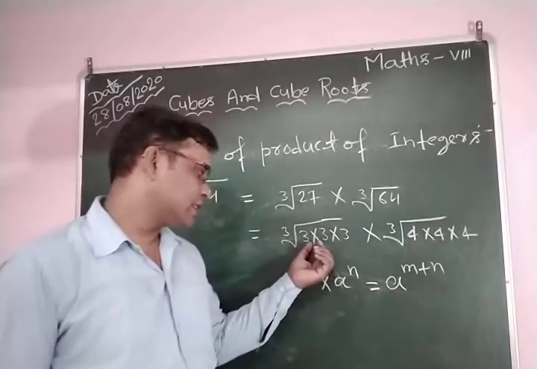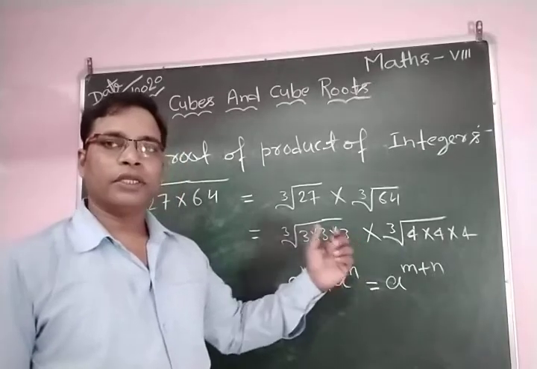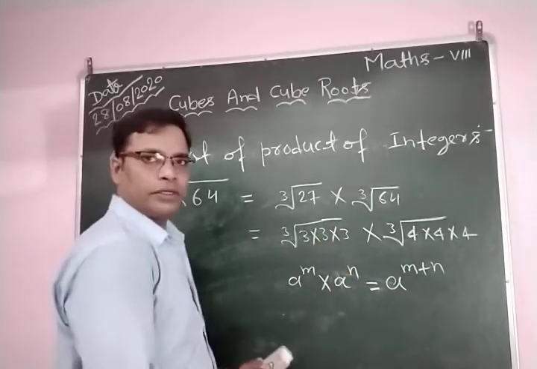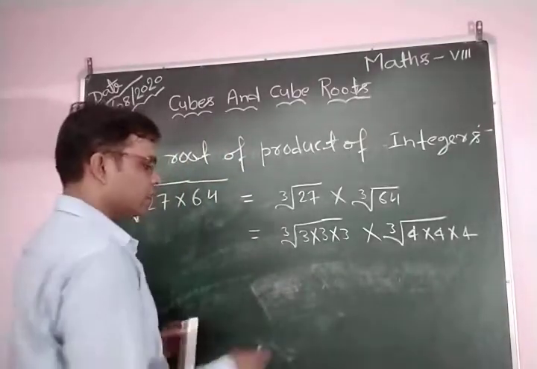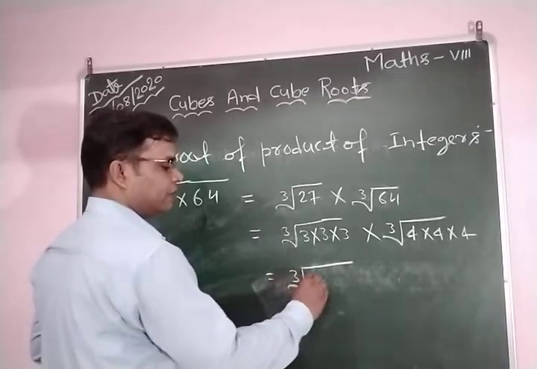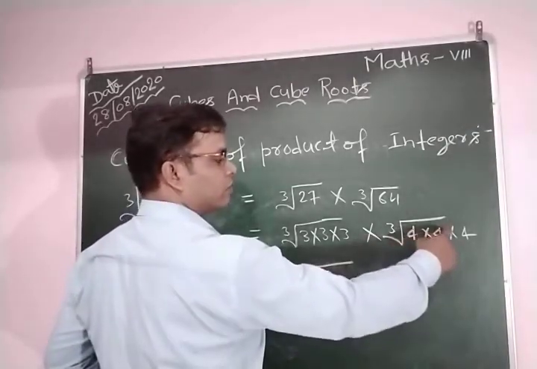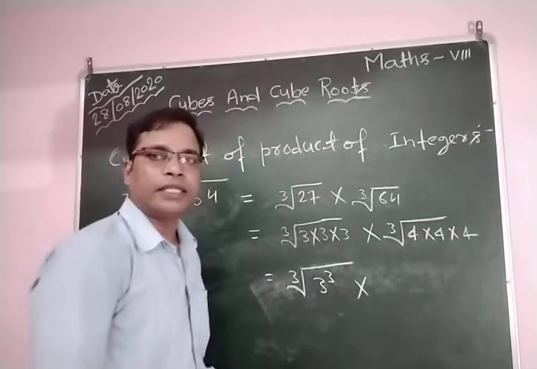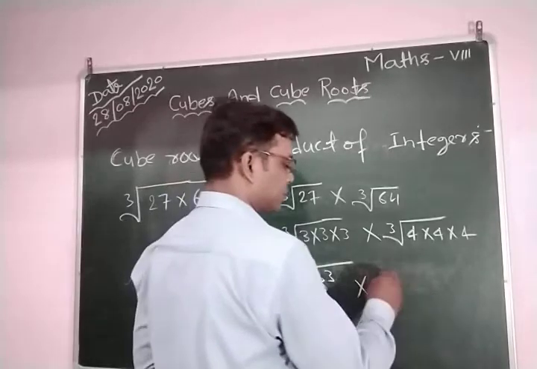So here you can see 3 power 1, 3 power 1, 3 power 1. So it becomes 3 power 3, into here also 4 power 1, 4 power 1, 4 power 1, in the case of multiplication. So it becomes 4 power 3.